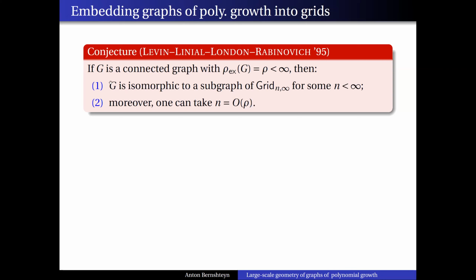Let's take a connected graph G of polynomial growth, and let's say rho is the exact growth rate of this graph. Then the claim is that G should be isomorphic to a subgraph of a grid graph with diagonals of some finite dimension n. And moreover, these authors conjecture that in fact n should be just linear in rho. So the dimension of this grid should be bounded only by a function of rho, and the function should be linear.